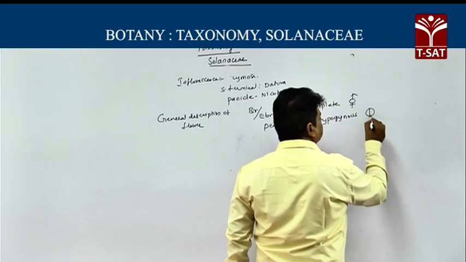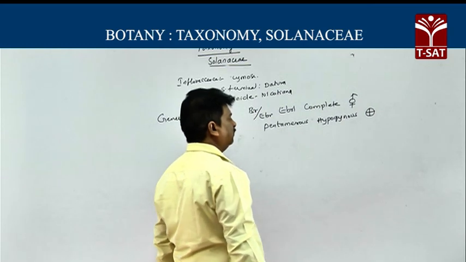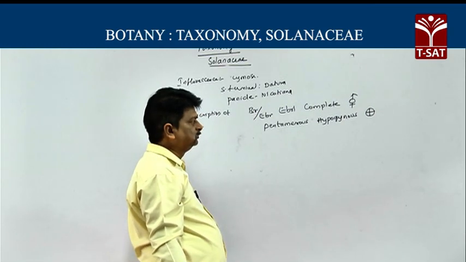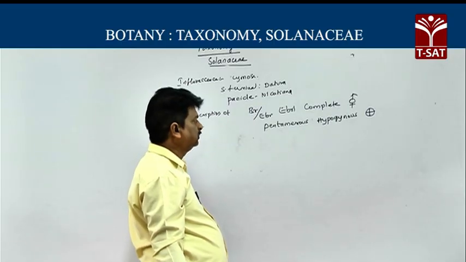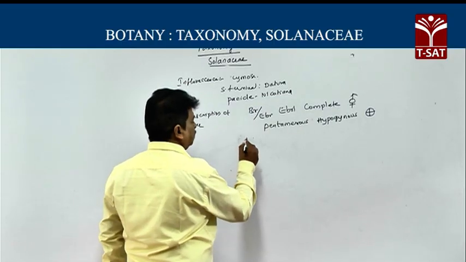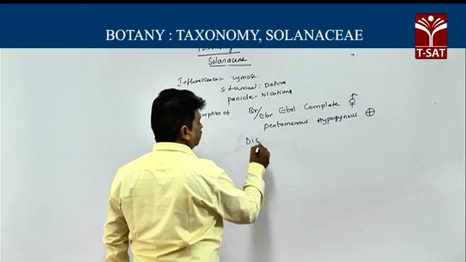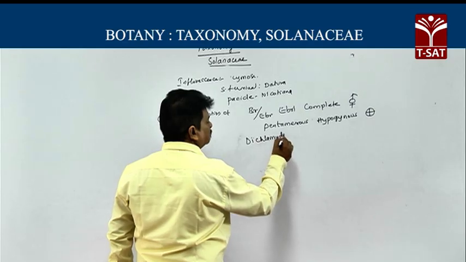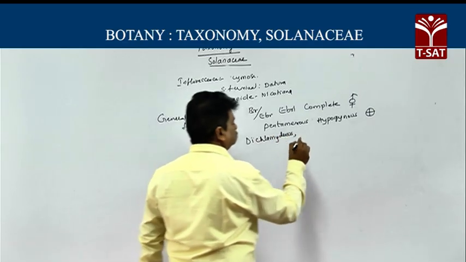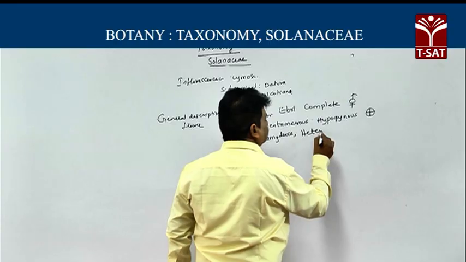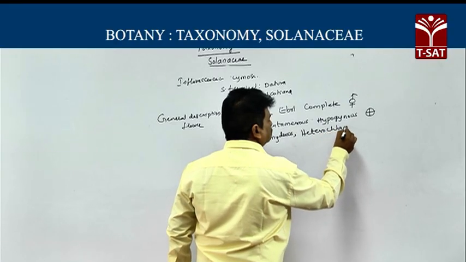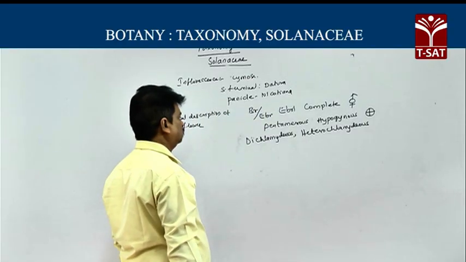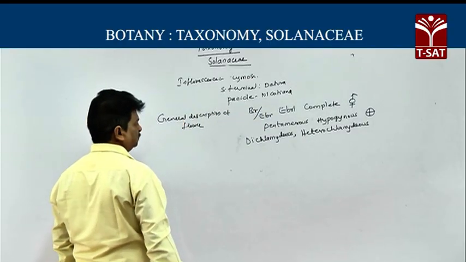Then actinomorphic, flower can be cut into 2 equal parts in vertical and also transverse plane. Then dichlamydeous, calyx and corolla arranged in 2 rows. Then heterochlamydeous, calyx and corolla are differentiated.